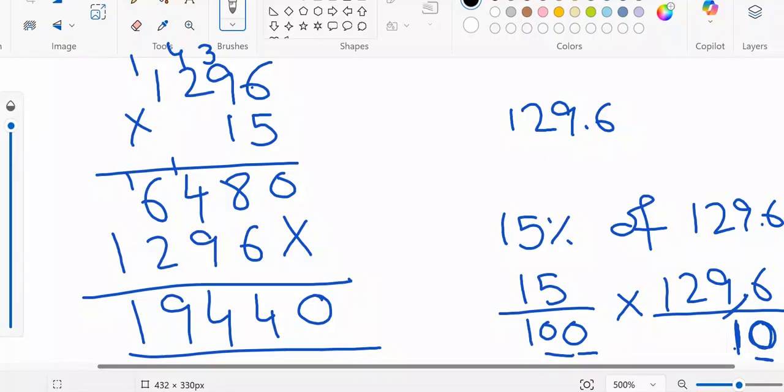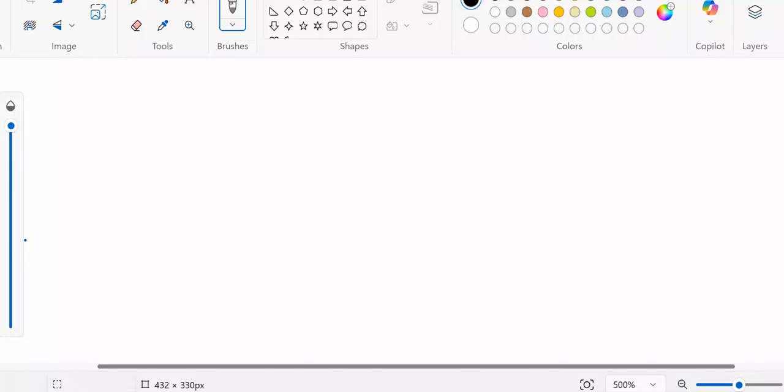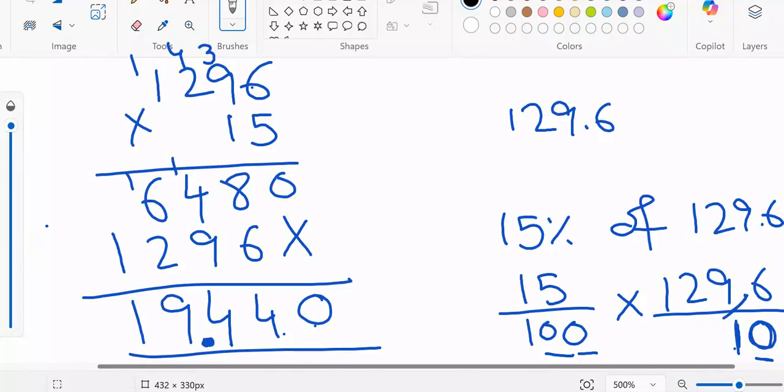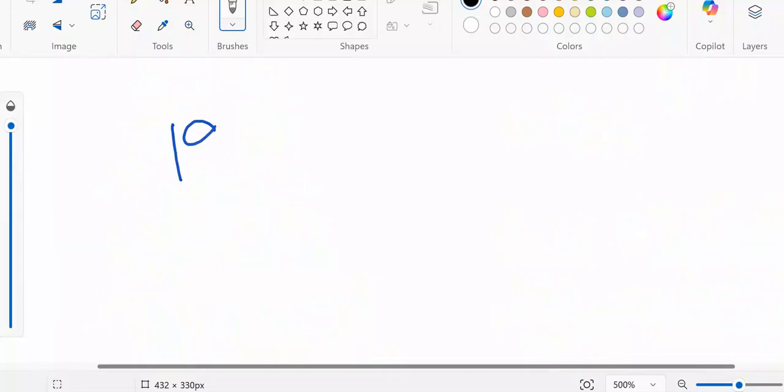We have to divide it by 3 zeros, by 1000. So our final answer will become 1, 2, 3 zeros. We will put the decimal after 3 zeros, and the answer will be 19.440. Let me write it clearly again for you. 19440.